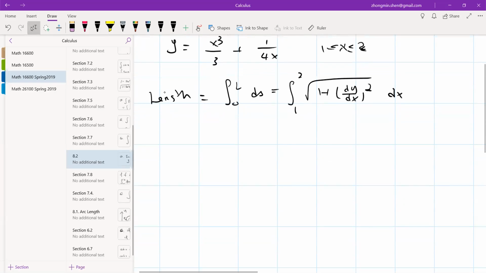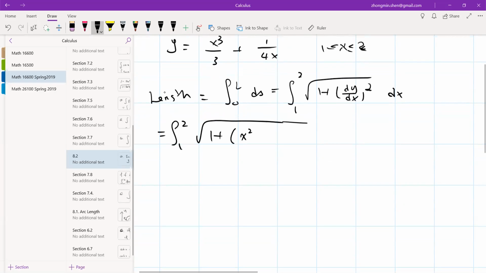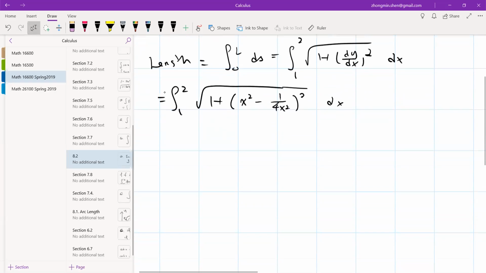All I have to do is find the derivative, then simplify the expression in the radical. The derivative will be x squared plus negative 1 over 4x squared.